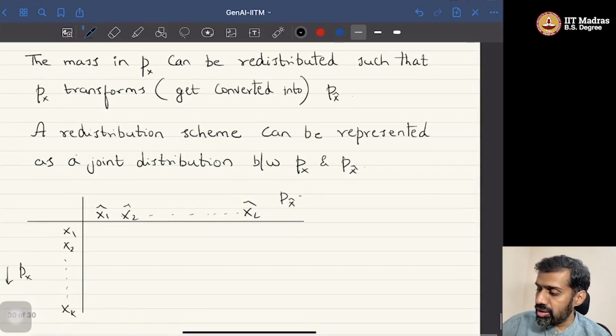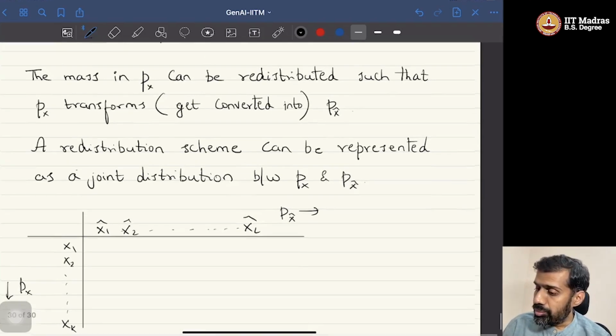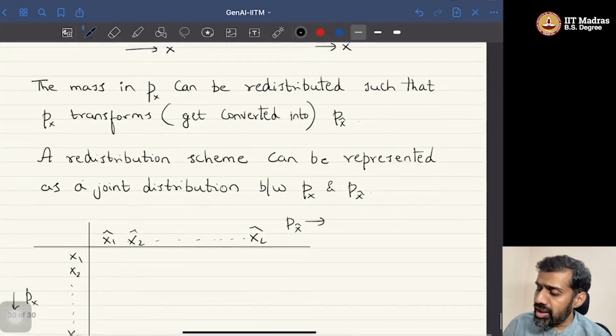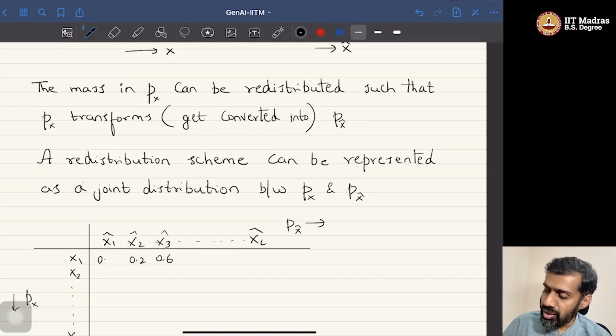This is the P_X axis, this is the P_X cap axis. Now what are we saying? You take mass from x1 and you put some 0.3 of that in x1 cap, you put 0.2 of it in x2 cap, and in x3 cap you put, say, 0.6. Maybe just add it up to 1. We have to ensure that this adds up to 1. And you distribute 0.05 here, and so on.